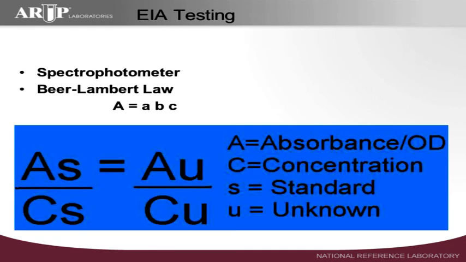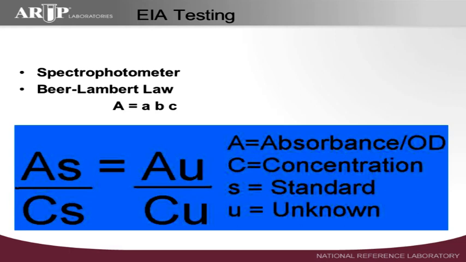A equals abc, so we have three of the four components for this equation. We have the absorbance of the standard, we have the concentration of the standard, and we have the absorbance of the unknown, but we don't have the concentration of the unknown, and it's simple math once you do that. So we're actually measuring the absorbance. So absorbance is actually shining a white light through the liquid, and when that happens, light is absorbed.